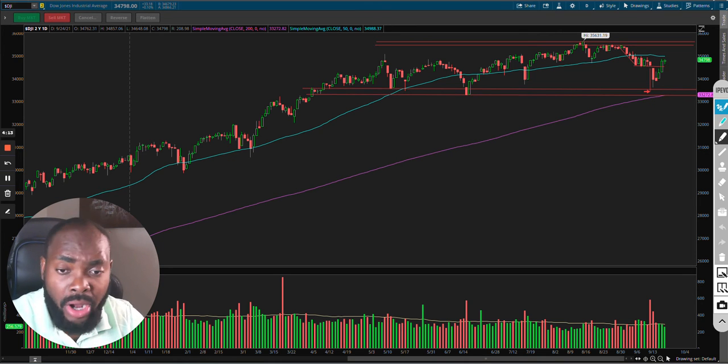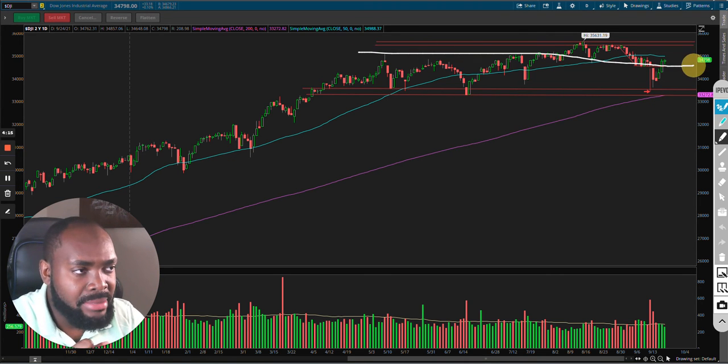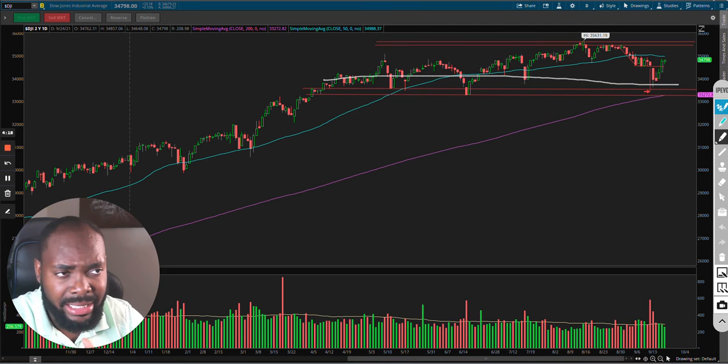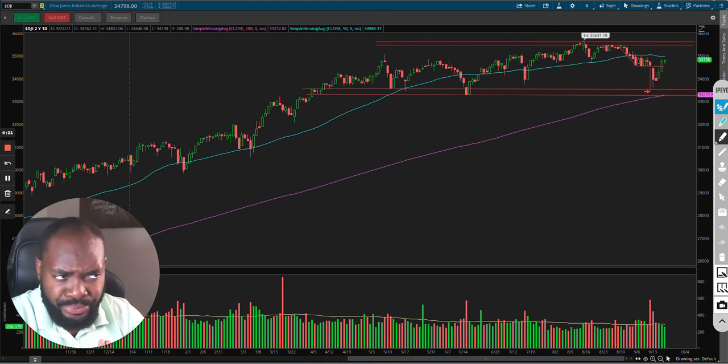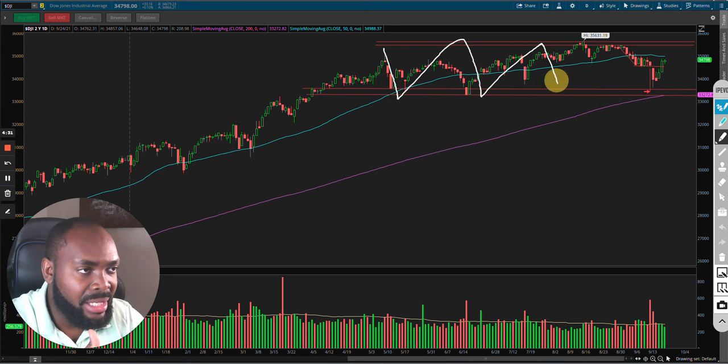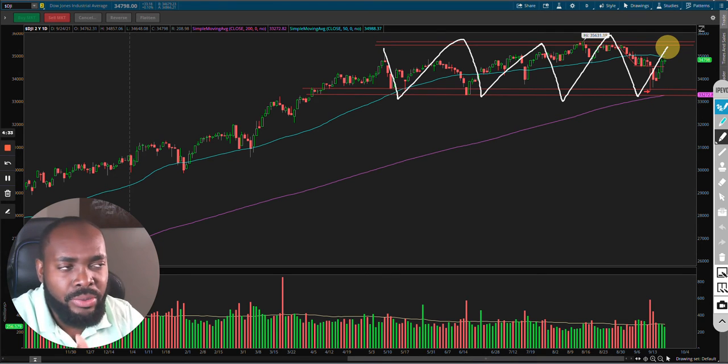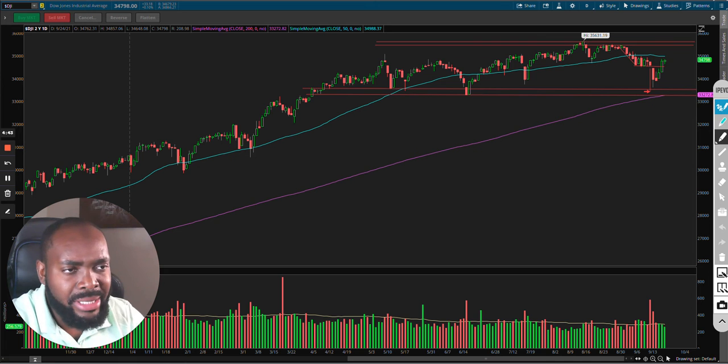But also remember, when the market is moving in a horizontal channel, we will discredit a little bit of how much value we give to what the moving averages are telling us, because when price is moving in a horizontal manner, you will see price oscillate above and below the moving averages, and it doesn't really mean too much, because the most important thing is that we have a well-defined support level and a well-defined resistance level.